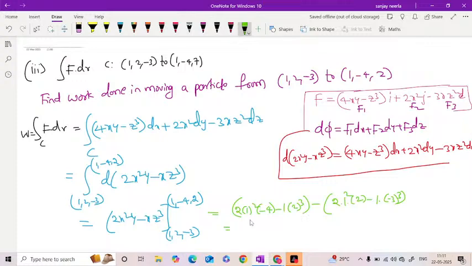So the result is minus 8, minus 8, minus 16, and plus 27 gives minus 47. So the line integral of this is minus 47.